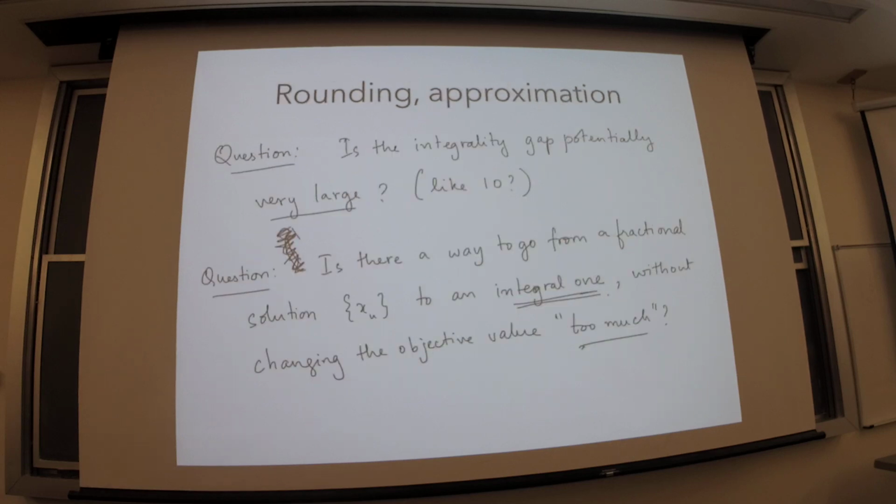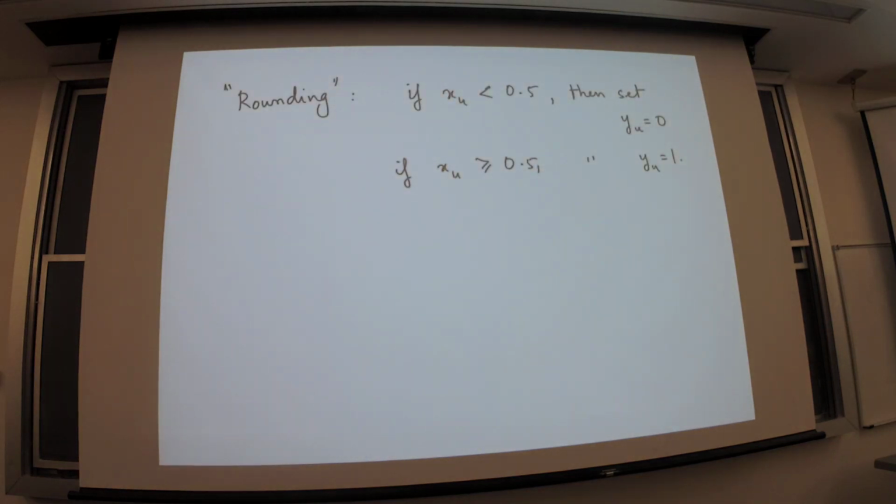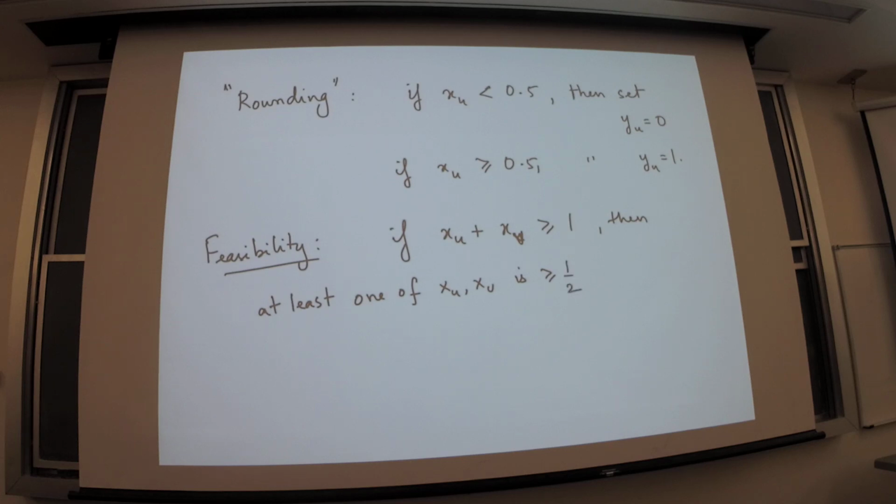So the proof is actually this one line. If xu plus xv was at least 1, then one of them implies yu is equal to 1.